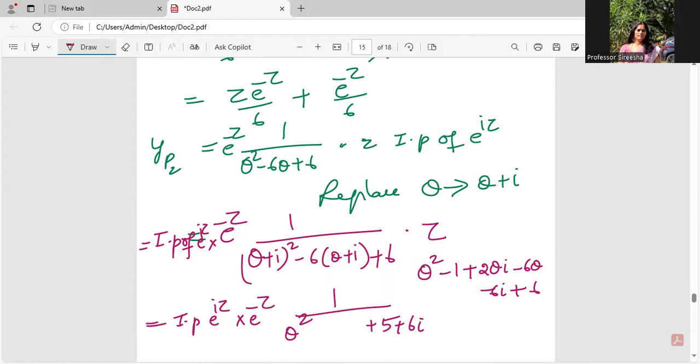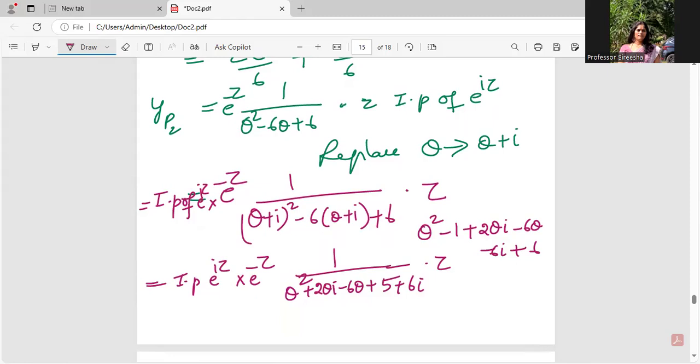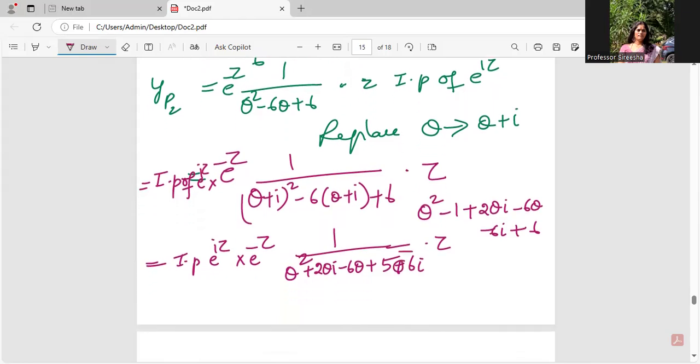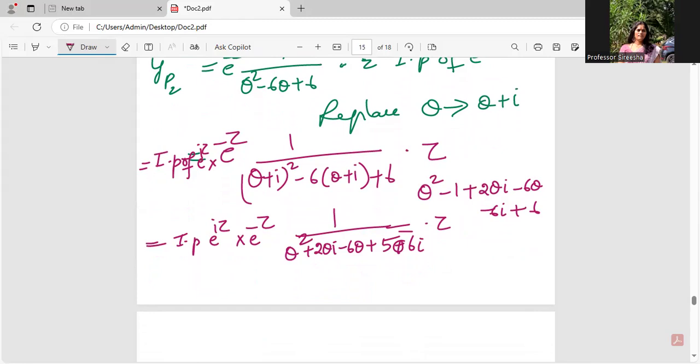So this would give me what? 2θi minus 6θ. So it's all about z. So I'll be taking out 5 minus 6i, and finally finishing off with the binomial expansion. e power iz into e power minus z.